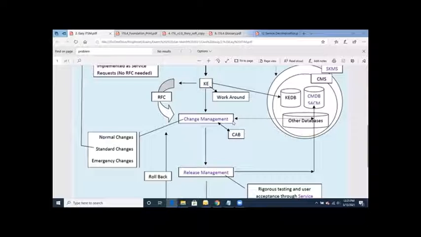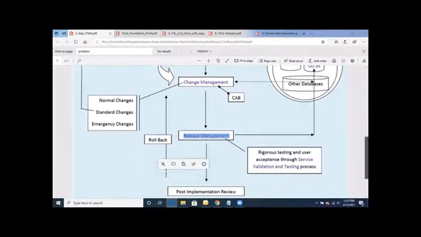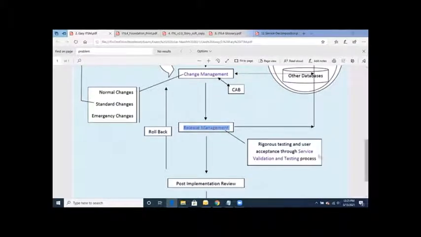So, let's assume that the decision has been taken and now we need to change the router. Somebody will procure the router and do thorough, rigorous testing and user acceptance through the service validation process. Once that is done and the pilot is over, they will implement that router in the real environment.